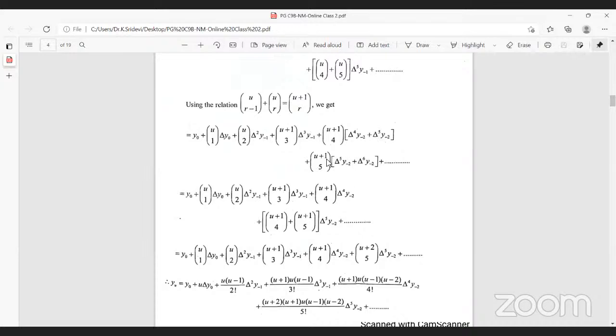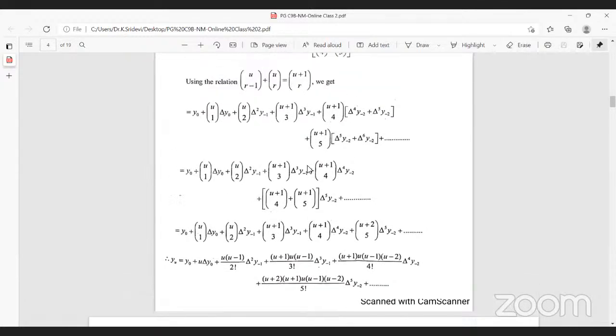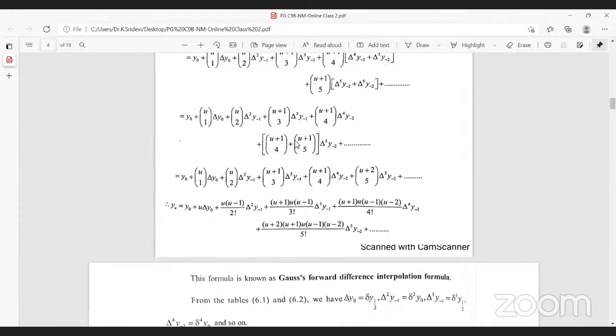Then you get U plus 1 C4 from this one plus U plus 1 C5 from this one, plus and so on. These terms are all the same, and we convert this expression using the same relation. According to this, we get U plus 2 C5 delta power 5 y minus 2 plus and so on.